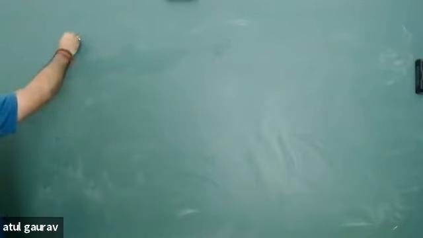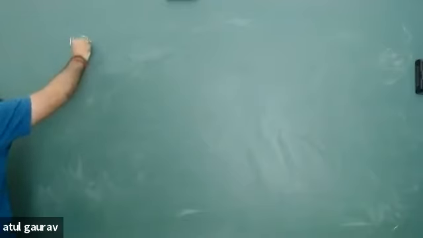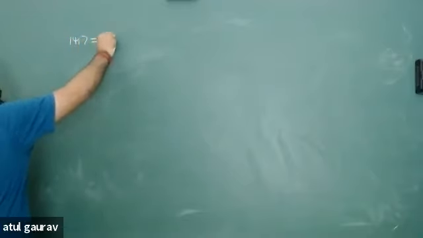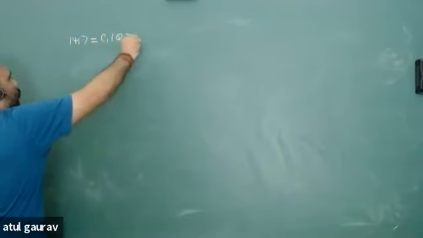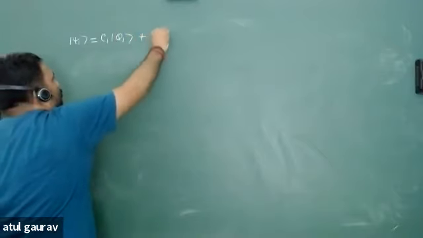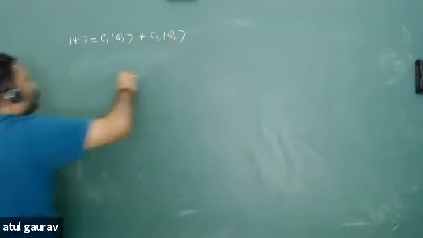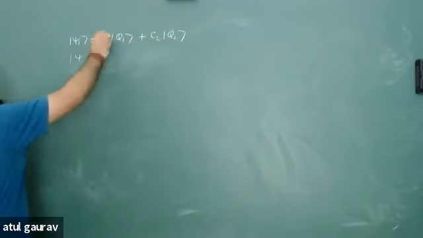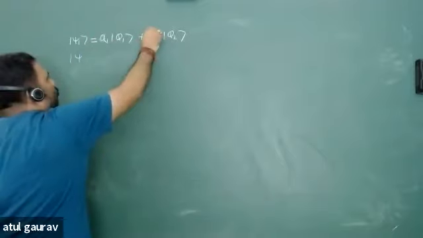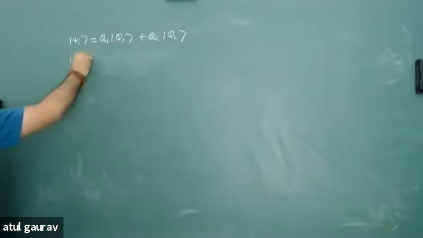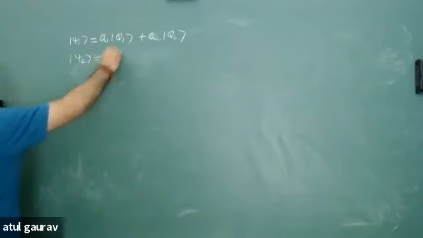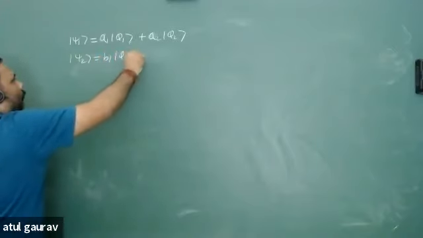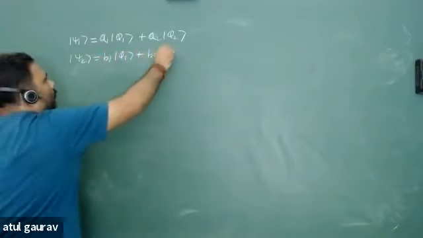Suppose someone gives you that psi 1 is given by a1 phi 1 plus a2 phi 2, and psi 2 is b1 phi 1 plus b2 phi 2.